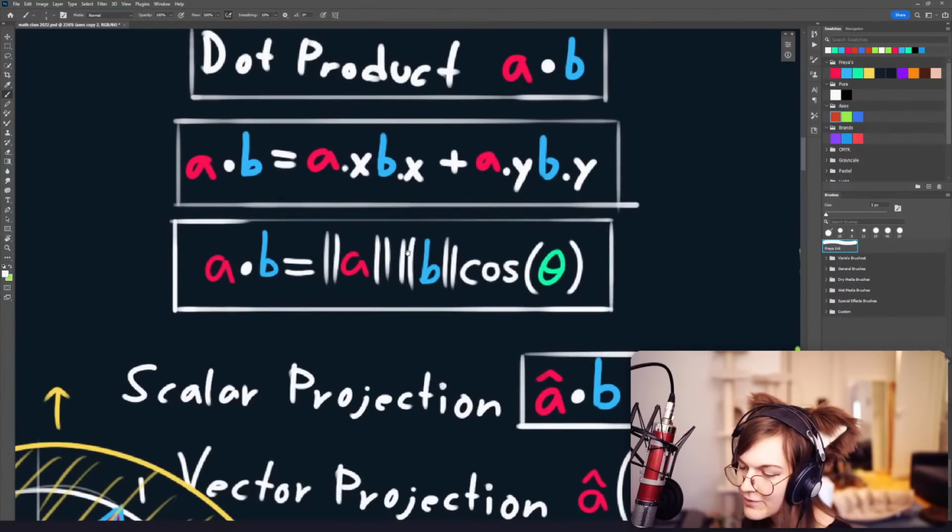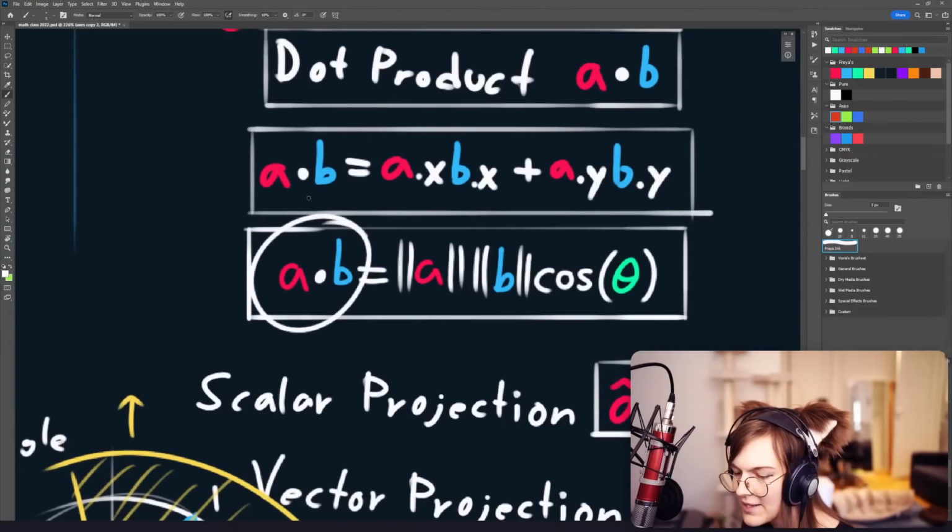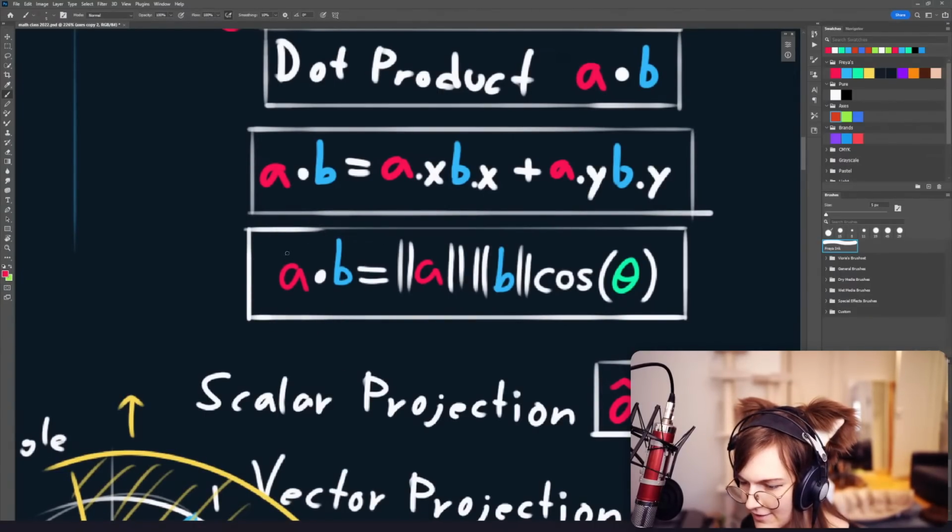And so the reason we can use it to get the angle is that if A and B are unit vectors, in other words, they're normalized, so we have these hats on top of them. If they are normalized, then A and B just have a length of 1.